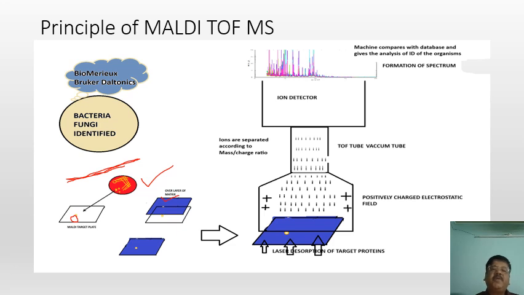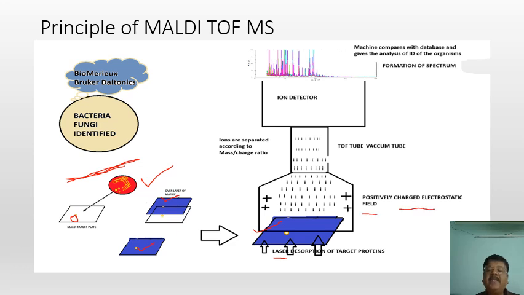Matrix is the mixture of chemicals which will facilitate the ionization of the molecules. So this is the overlaid plate and this is loaded in the MALDI TOF machine and it is exposed to the lasers. So with the help of laser energy, these ions will be passing through the tube through a positively charged electrostatic field.